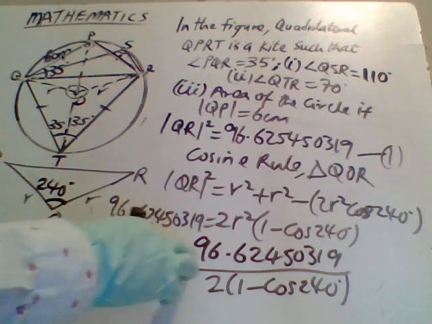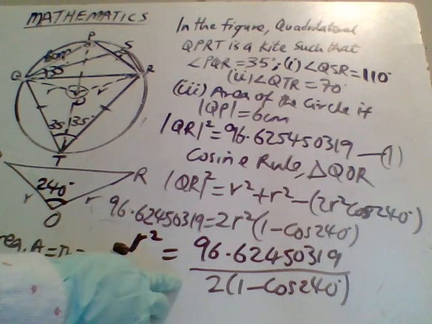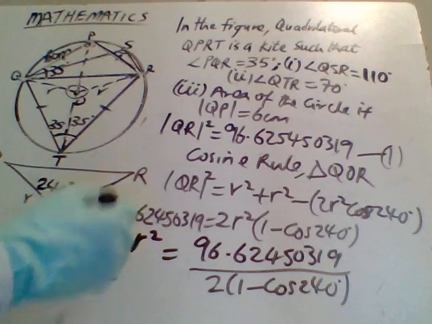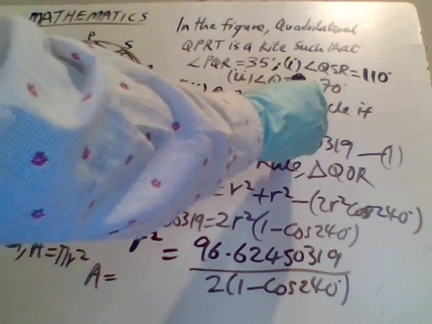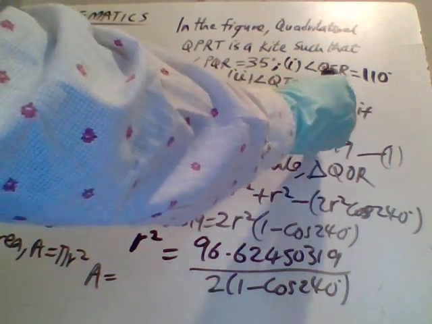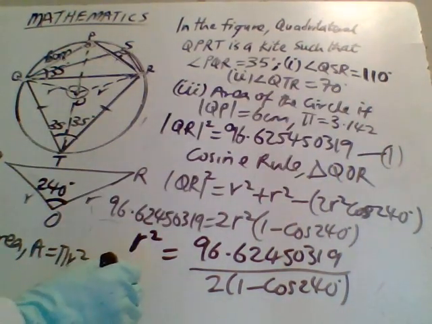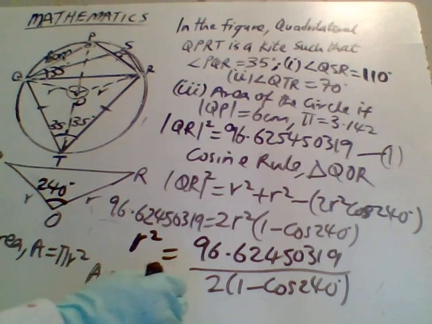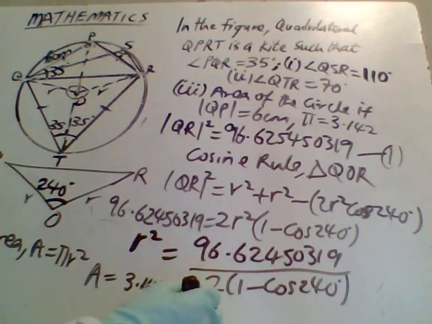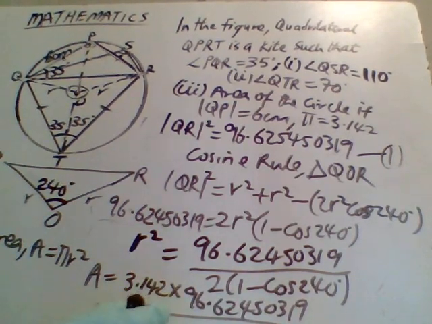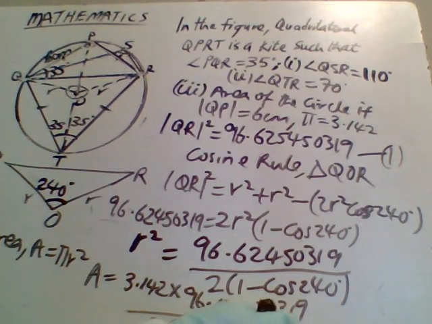So since we have r squared to be equals to this value, let's find the area. So the area is equals to, we are told to take pi. Remember, we are told to take pi to be equals to 3.142. So now we have 3.142 times r squared, 96.625450319 divided by 2 in bracket 1 minus cos 240 degree.